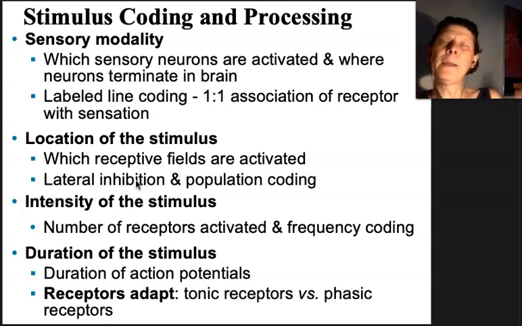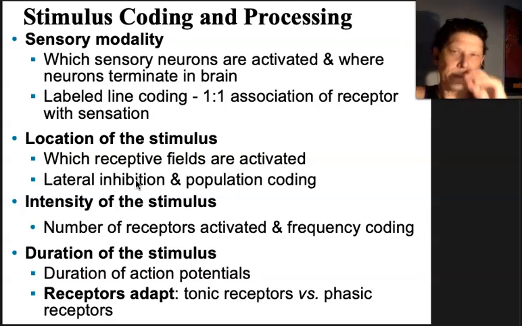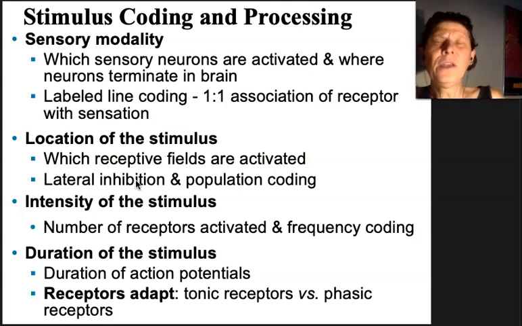Inhibiting the population of sensory neurons around the receptor field that's being stimulated prevents it from being unclear. The intensity of the stimulus has to do with the number of receptors being activated, and of course the frequency by which the stimulus is activating the receptor.